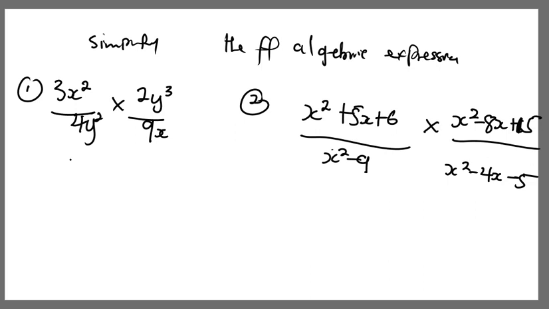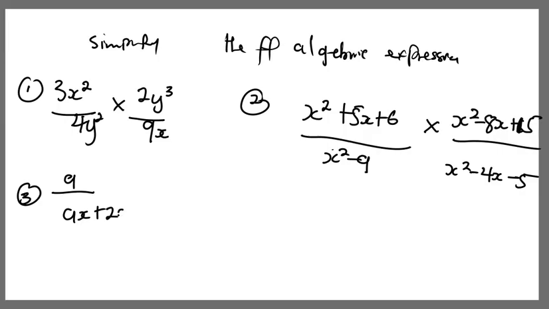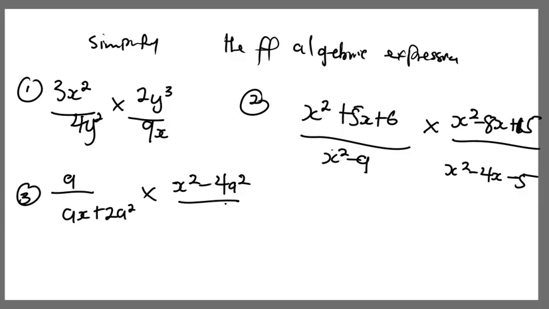Then we have question 3: ax plus 2a squared over x squared minus 4a squared, divided by x minus 2a.